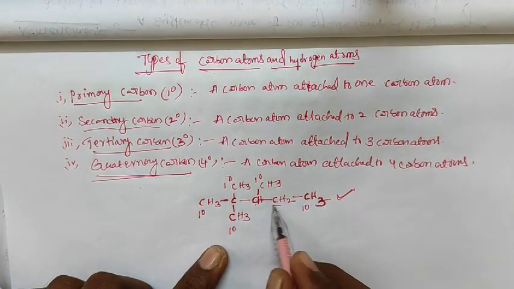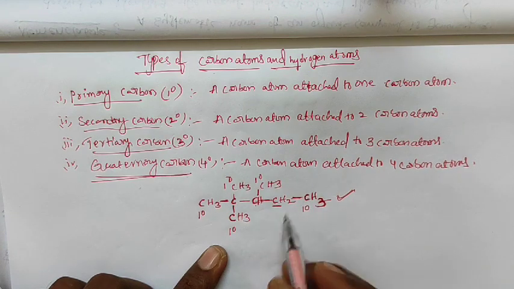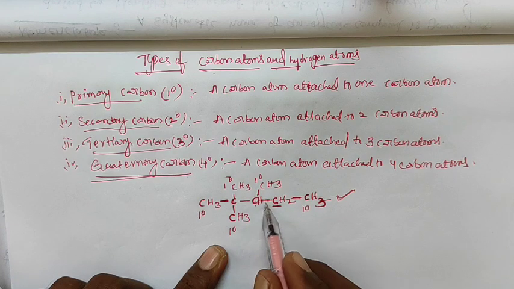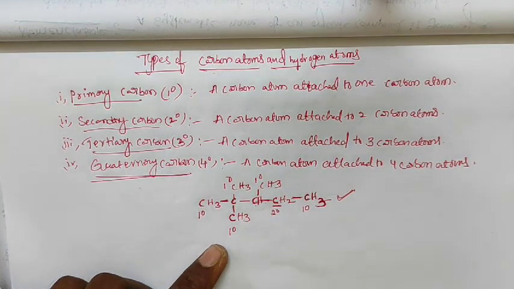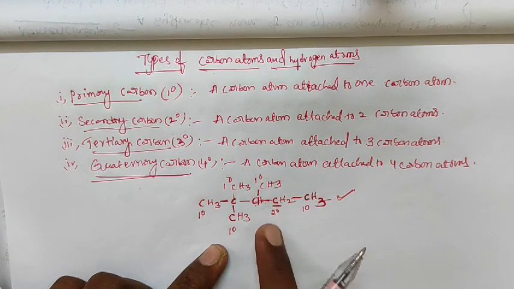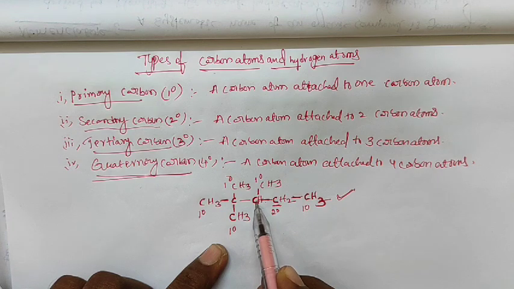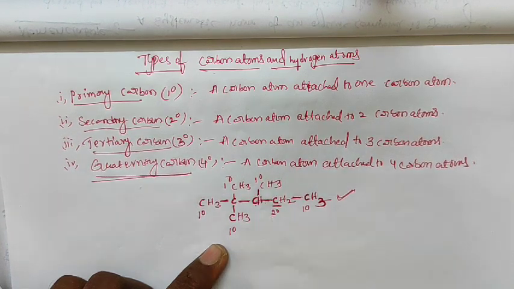See, this carbon atom has one carbon bond on this side and one carbon bond on this side. So this carbon atom is attached to two carbon atoms, so this is a secondary carbon atom. Now this carbon has one carbon bond on this side, one on this side, and above also one carbon bond.